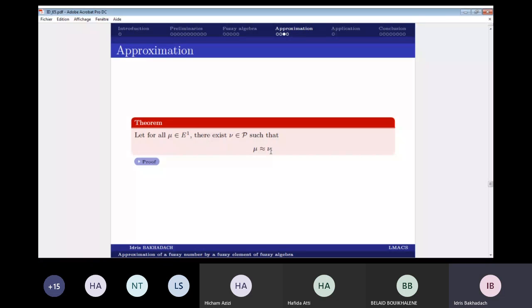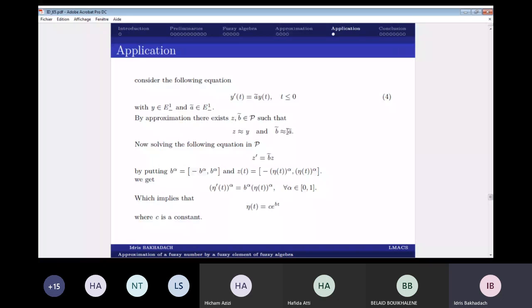For the application of this method, we find the solution of this equation in the space E1. For that we move to the algebra B, because the product of two fuzzy numbers is not defined in E1. We move to the algebra to solve the equation, and we have the solution.